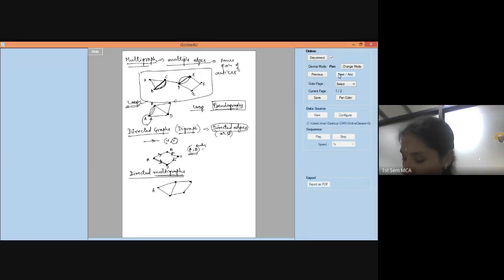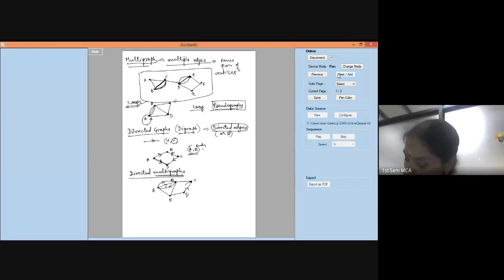Okay, this is a simple graph I have taken. A to B, I am marking it. This is a directed multigraph. That means between A to B, I need not have only one single edge. I can have multiple edges. I can have something like this. I can have something like this. This is called a directed multigraph. All right. Let's say between C and D, I'm showing one edge.